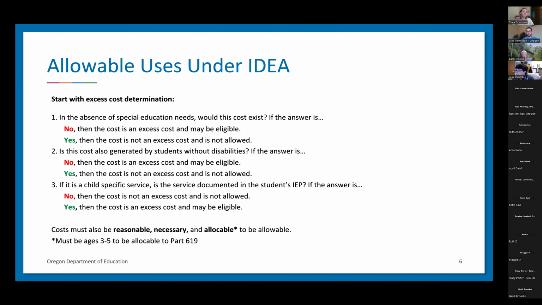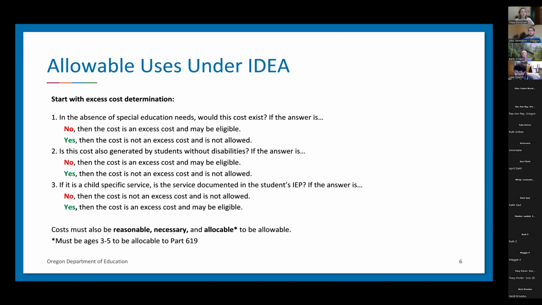Then on top of the excess cost, if you decide that something is an excess cost, so if we're talking about a stander, then you must also make sure that the cost is reasonable, necessary, and allocable. So reasonable: if we're looking at our stander here, are you looking at the standard that meets the needs of the students, but isn't an outrageous cost?